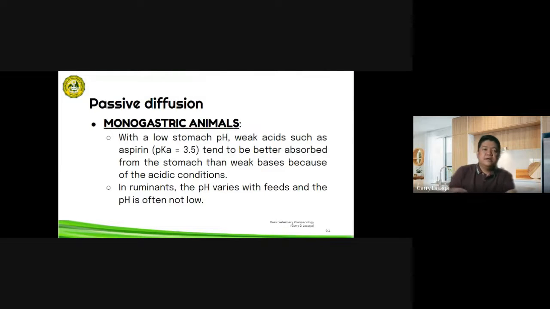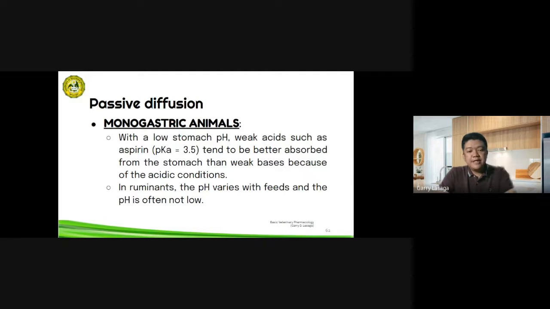So when the unionized form of the drug is greater, that particular drug will be readily absorbed in the stomach. So we can conclude that when we are going to place an acidic drug to an acidic environment, that particular drug will be absorbed.